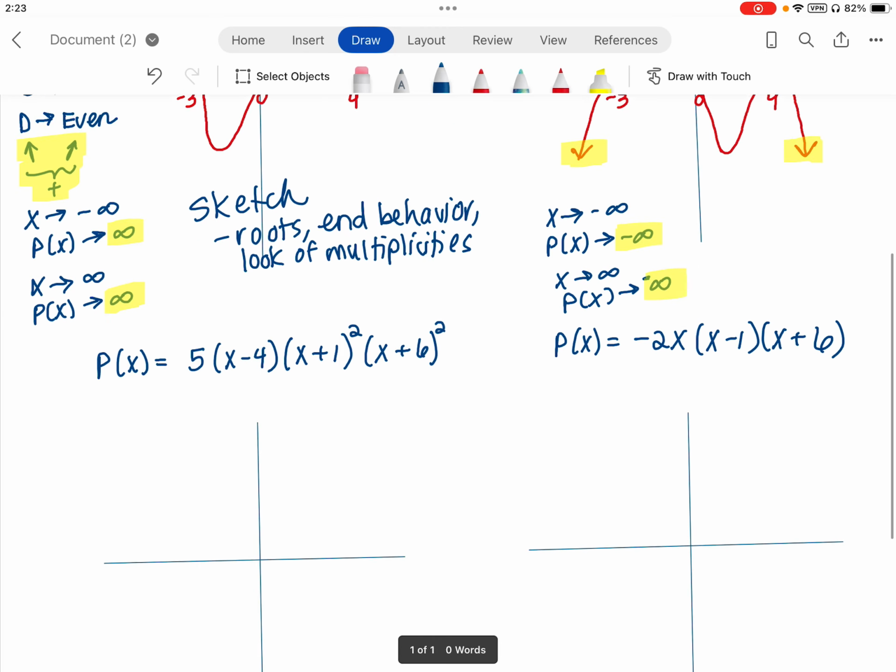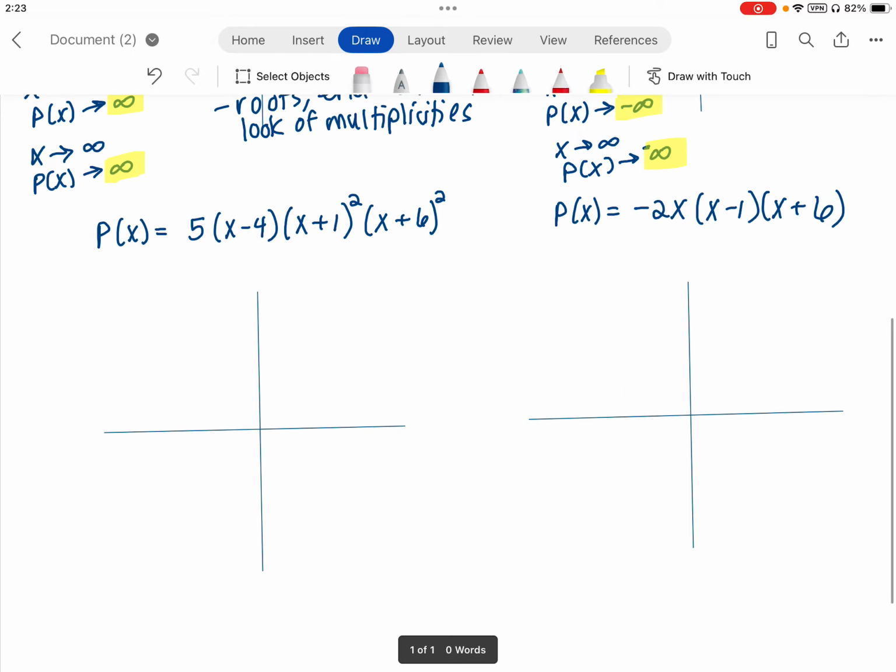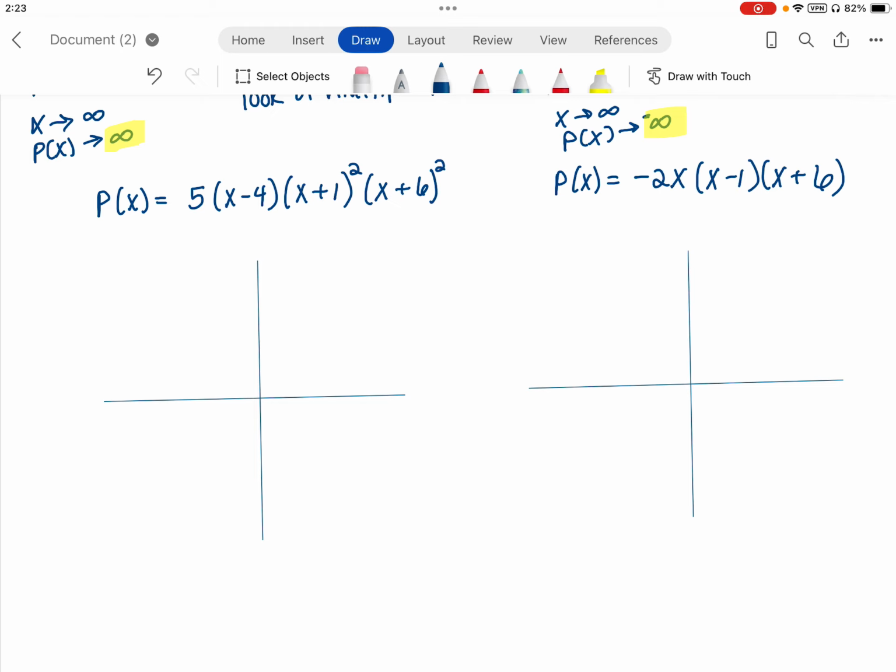All right, so let's keep going to a couple more examples here. So here I have this polynomial function, and let's look at our information. We have a degree of 5. Just remember you have a 1 here, and you want to just add up those exponents.